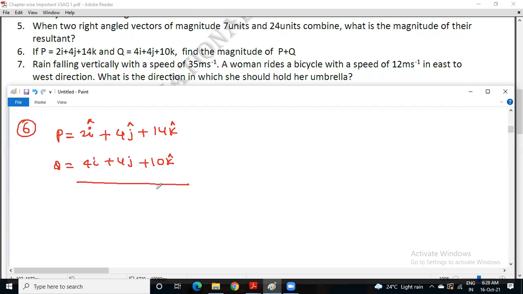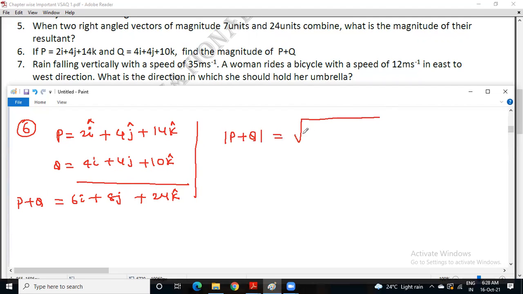When you add two vectors, you get 24k. When you add 4j and 4j, you get 8j. When you add the i components, you get 6i. So this is just P plus Q in vector form. So how to find its magnitude? This is the way: if you treat this as C, C is equal to P plus Q in vector form.